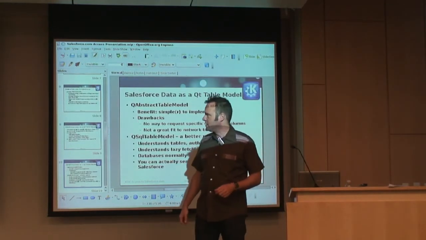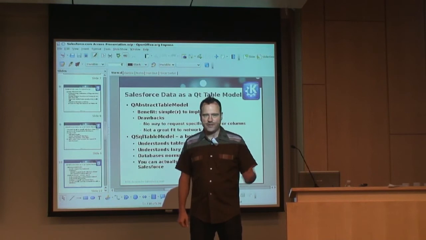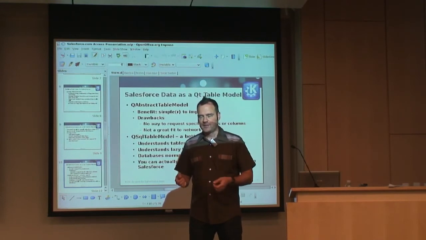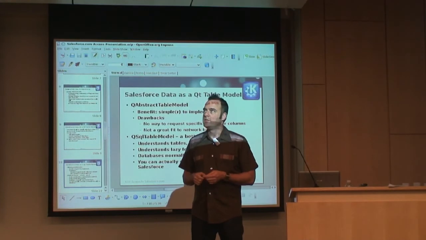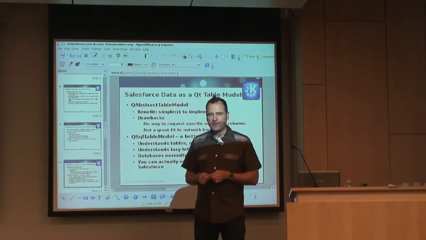I started looking at QAbstractTableModel because after Qt Dev Days, I had just learned about that, and I said, oh, I need to subclass that and then just call out for all of these things. The problem was, it wasn't a natural fit necessarily to what I had to do.